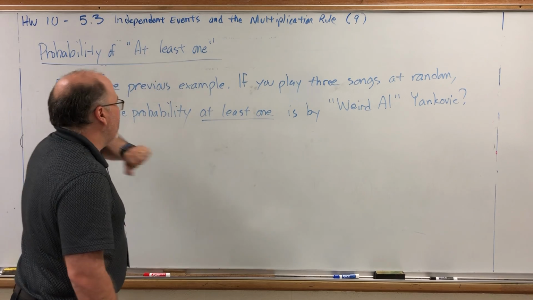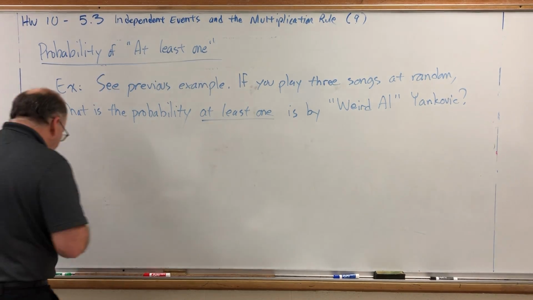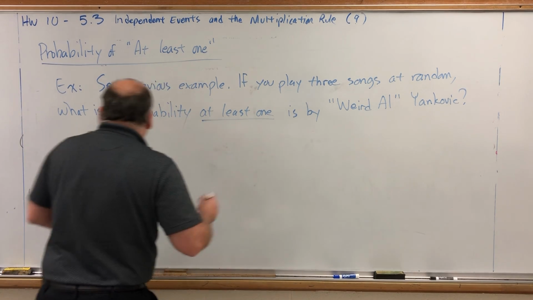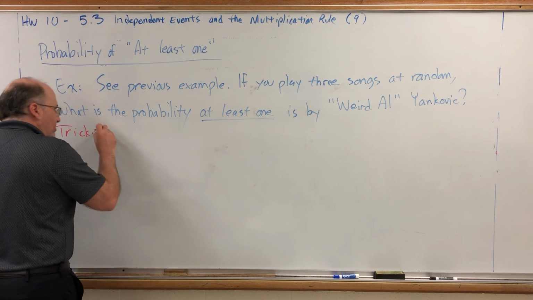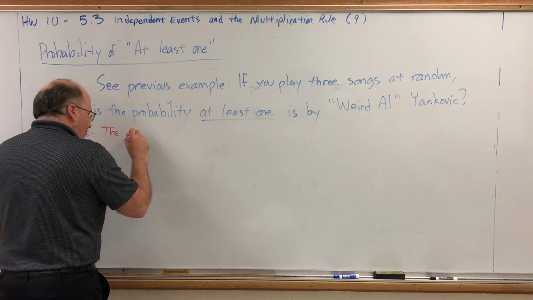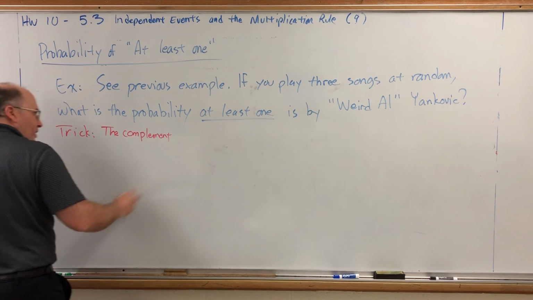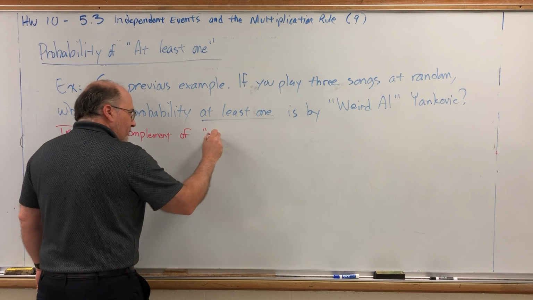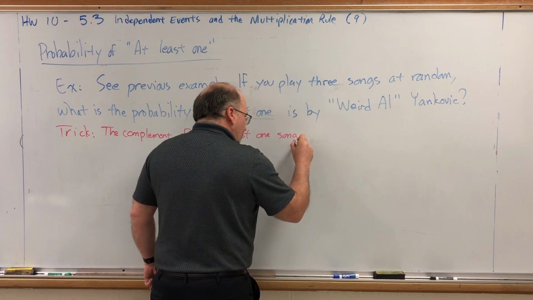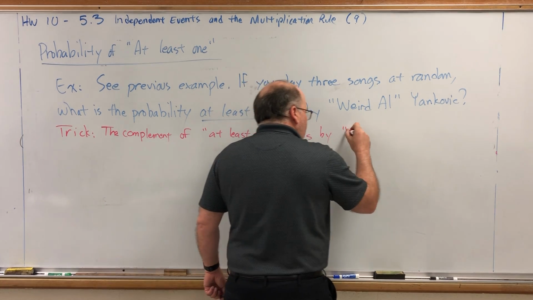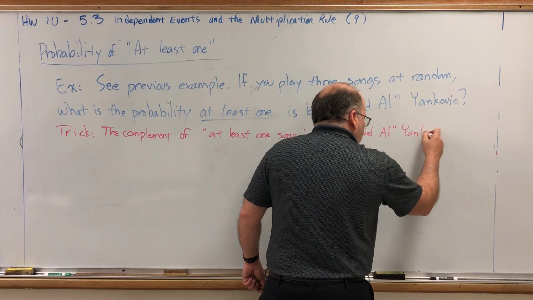There is a special way to do the probability of at least one of something occurring, and the trick is to use complements. It's not really a trick, but it kind of is. What is the complement of "at least one song is by Weird Al Yankovic"?